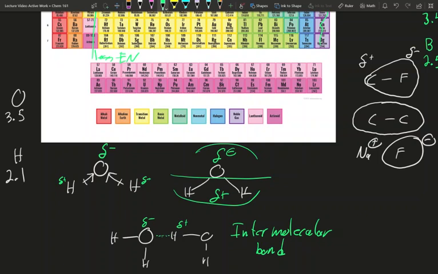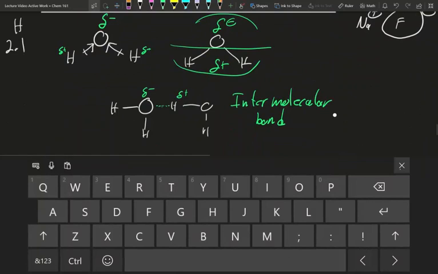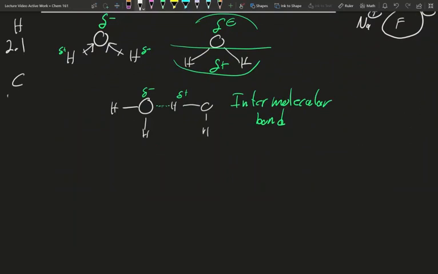Your carbons and your hydrogens are actually fairly close in value. Your carbon was 2.5, your hydrogen is 2.1. A carbon and a hydrogen are effectively equally sharing. And for that, we have some ranges. If you are 0 through less than 0.5, you're covalent.